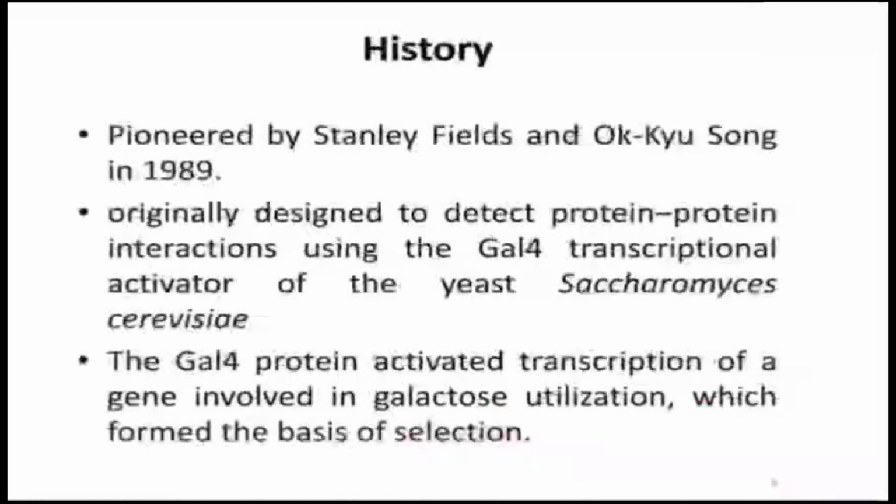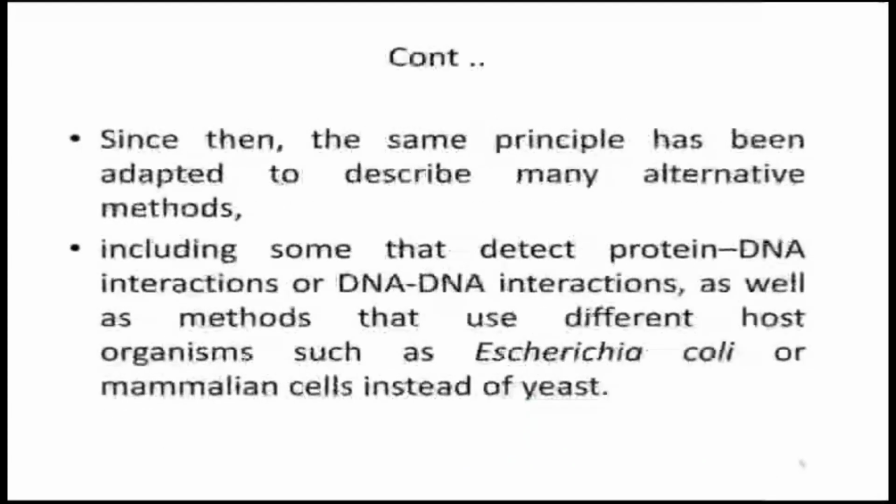So now, history. This yeast two-hybrid system was first pioneered by Stanley Fields and O.K. Song in 1989. It is used to detect protein-protein interactions using Gal4, the transcriptional activator of the yeast Saccharomyces cerevisiae.